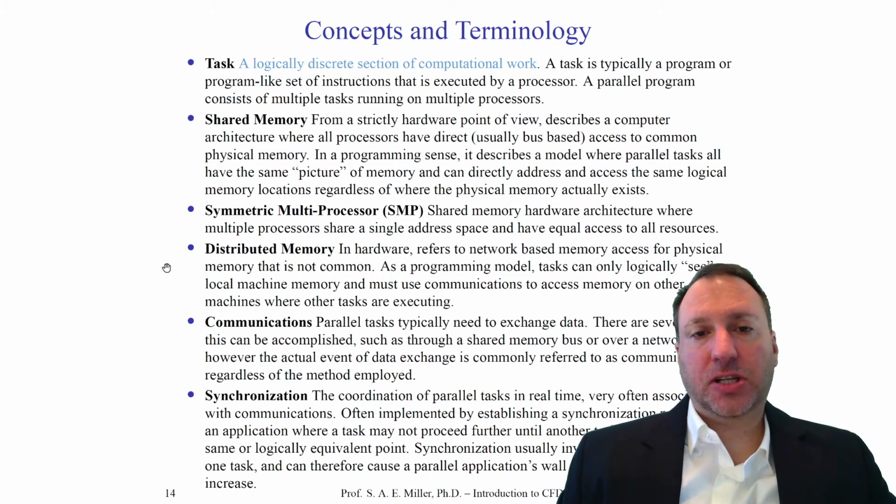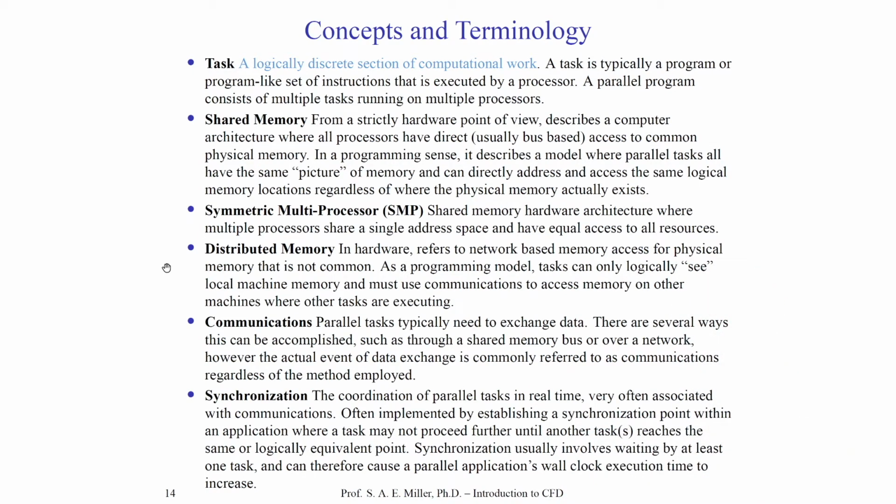Now, if you're running on a cluster, you'll be using distributed memory. And distributed memory means that each particular CPU or processor and node as a whole cannot directly access memory of another node. So there'll be the same set of memory addresses on every node of the cluster.